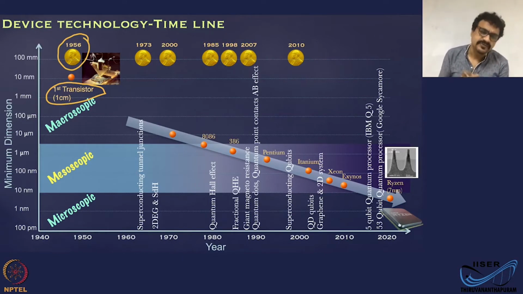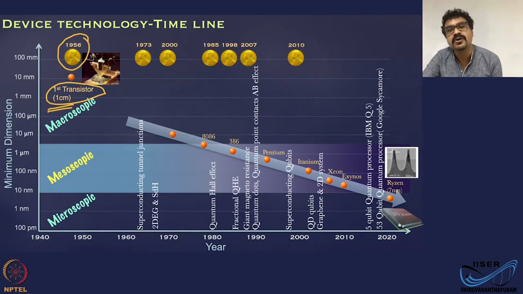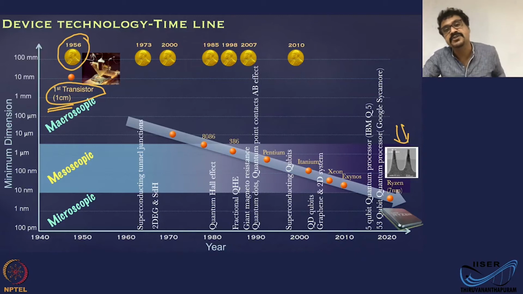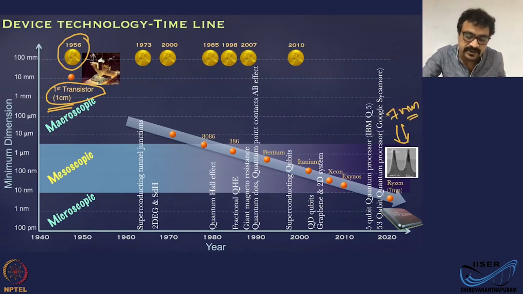It's a big piece of semiconductor. When I say big, it's like 1 centimeter in size. And transistors are the backbones of every semiconductor chip or every semiconductor technology that we are seeing. This transistor is approximately 1 centimeter in size, whereas the transistors in the latest generation of processors are approximately 7 nanometer in size.